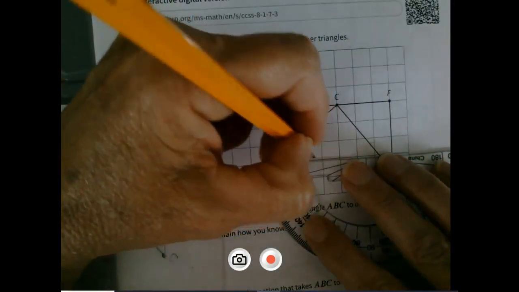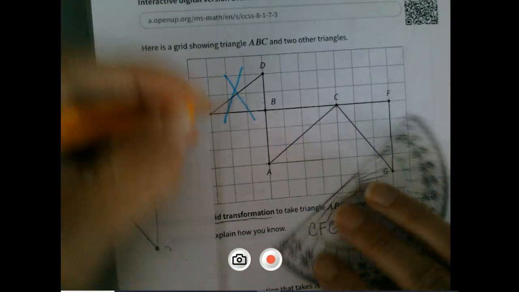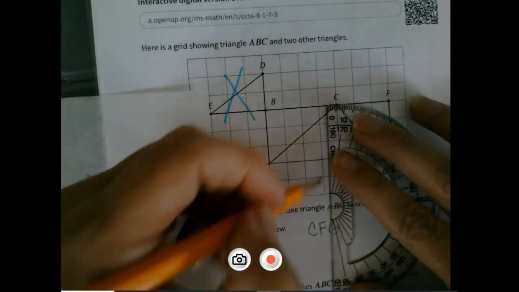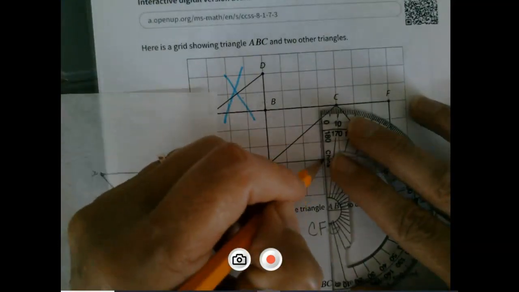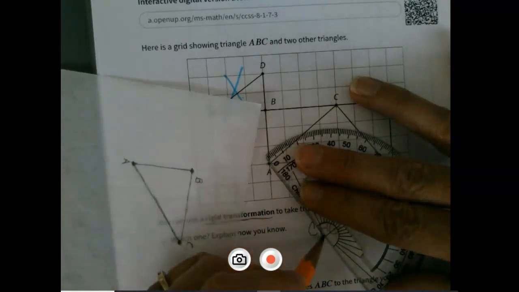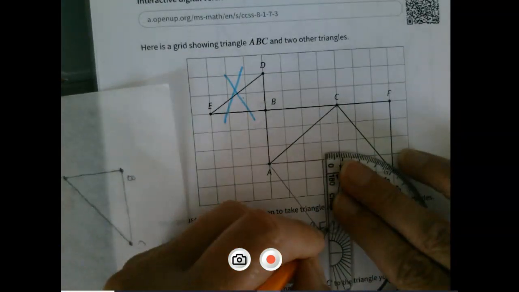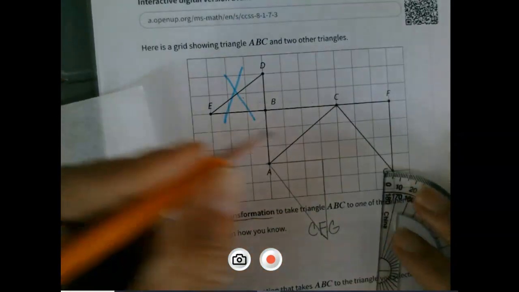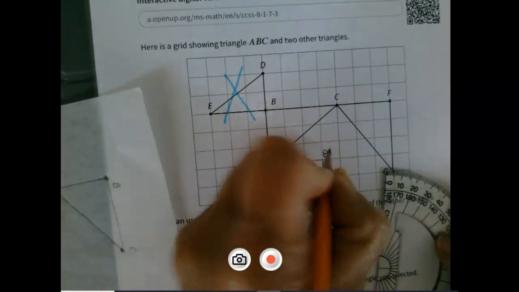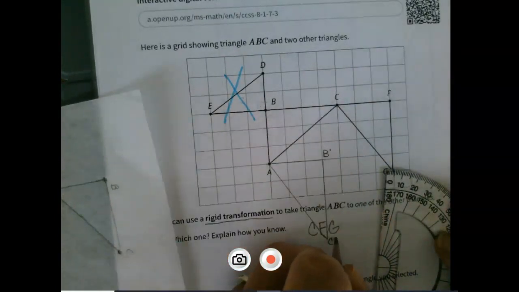It'll just be like here. And there it is, I can see it. Then I would just say, oh, it didn't connect. There we go. And I would say that this would be A, this would be B prime, and this would be C prime.